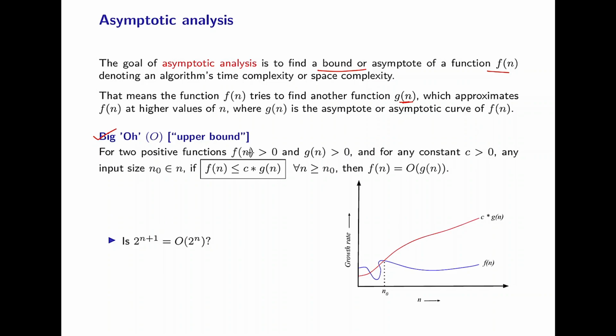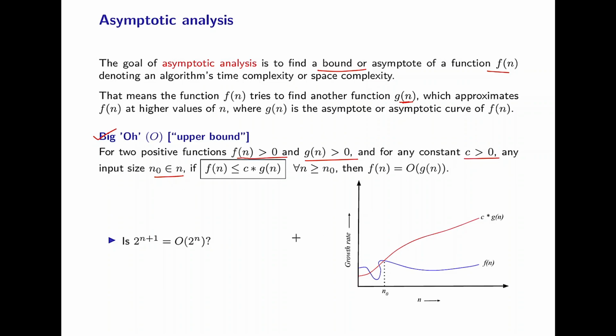Let's say we have two positive functions, f(n) greater than 0 and g(n) greater than 0. Both are positive functions. And for any constant c greater than 0, and any input size n naught, where n naught is an instance of n.